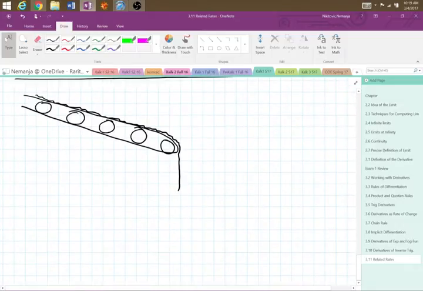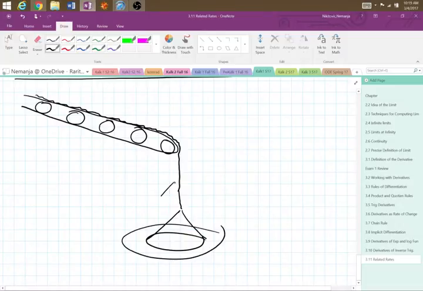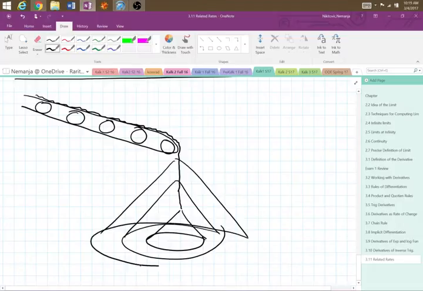The sand is coming on the conical pile over here. And then what happens is, as more and more sand comes in, the sand pile grows. You can see that the radius r is growing and the height h is growing as well.